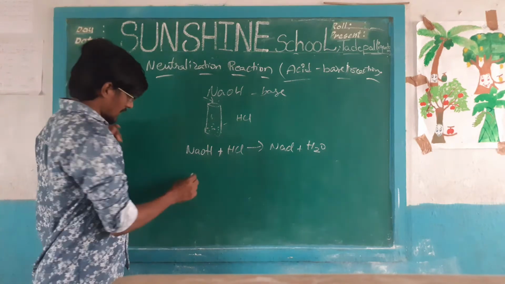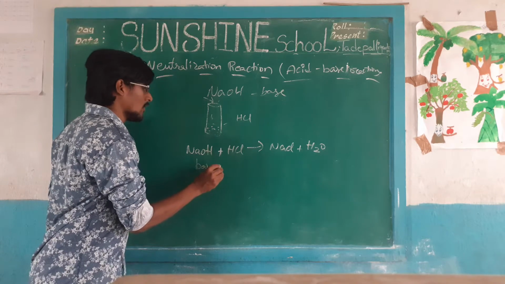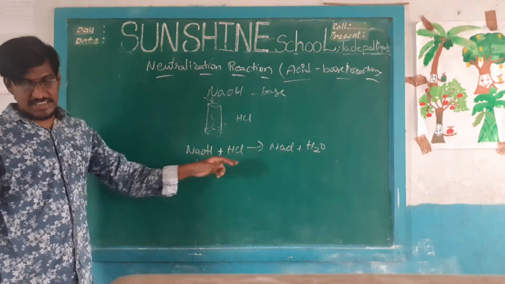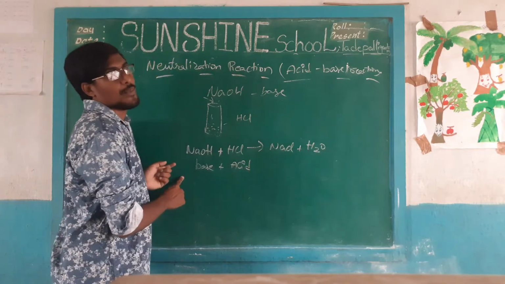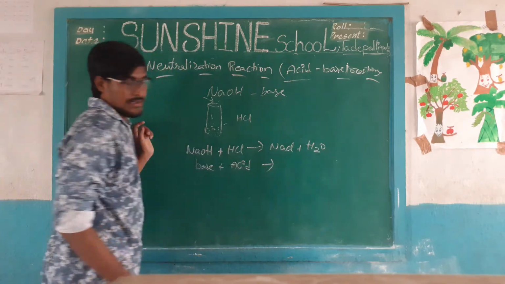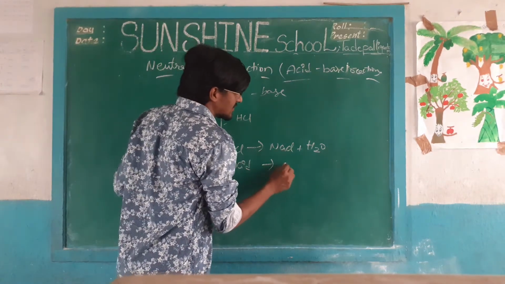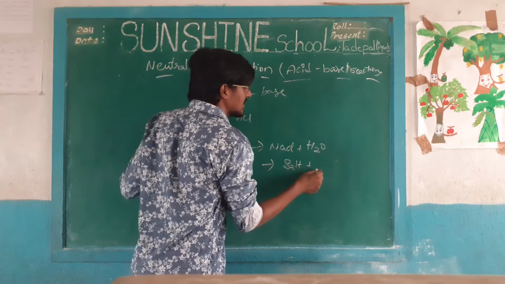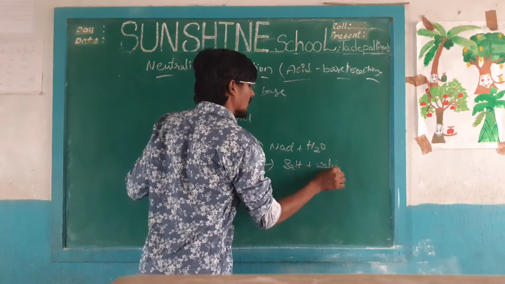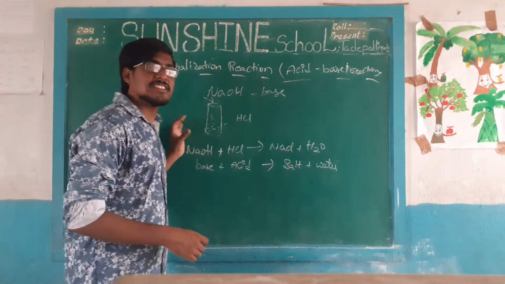Sodium hydroxide is a base and HCl is an acid. Base plus acid gives sodium chloride, which is a salt, plus H2O, which is water. Salt plus water, this reaction is known as a neutralization reaction.